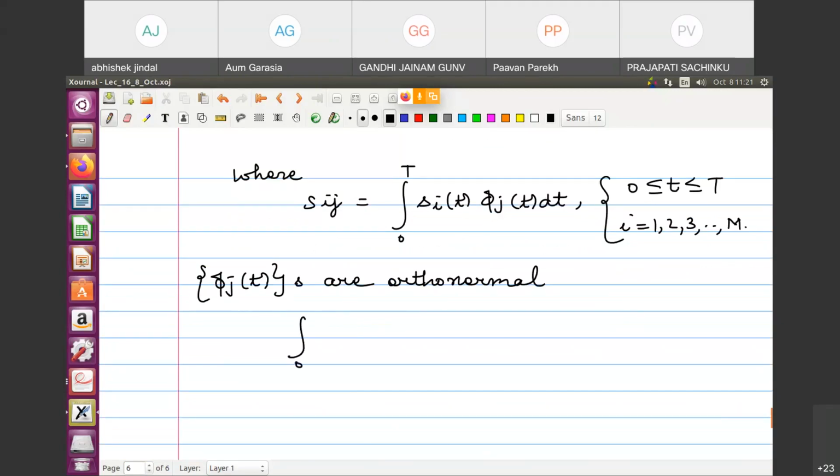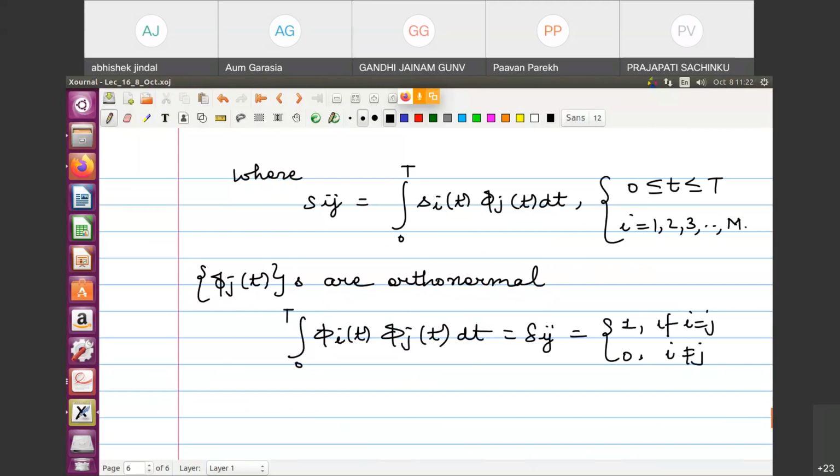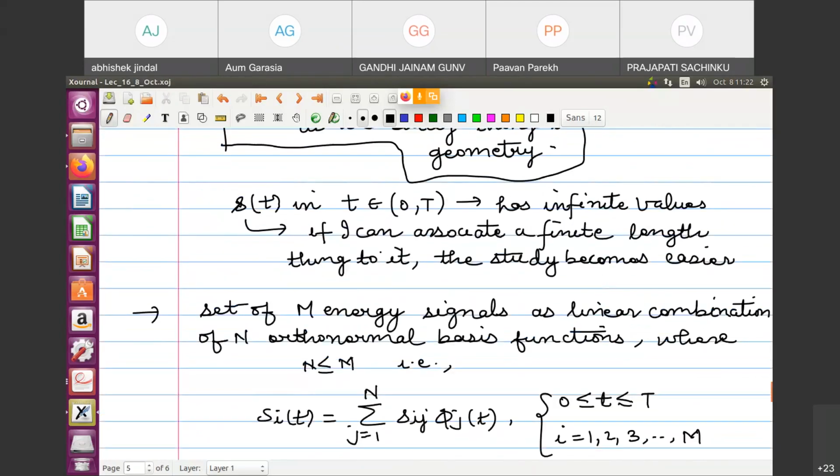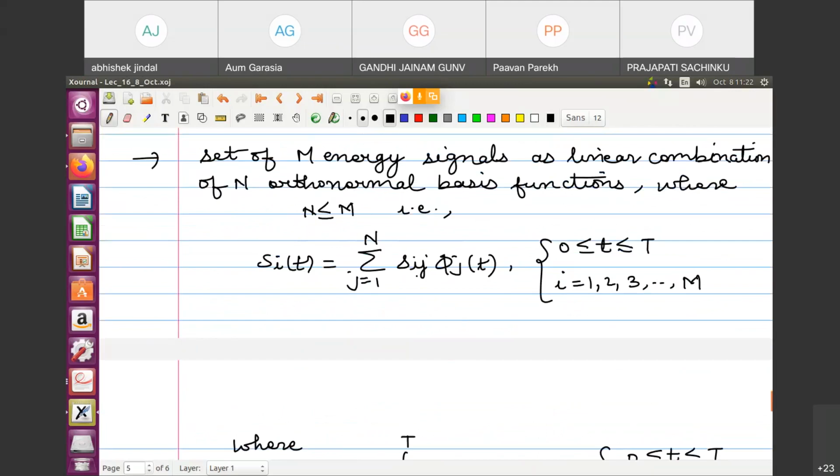That is, the integral 0 to T of phi_i(t) phi_j(t) dt is equal to delta_ij, which is equal to 1 if i is equal to j, and 0 if i is not equal to j. So pretty much this is what we want to do at the moment.